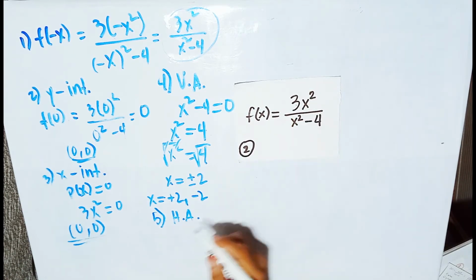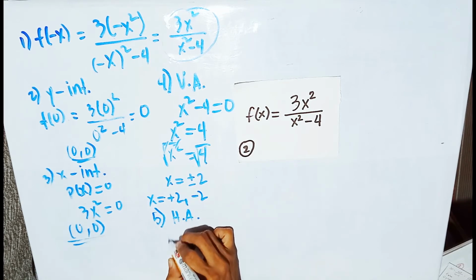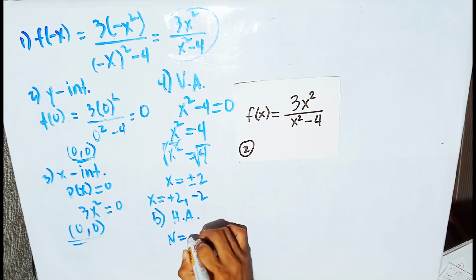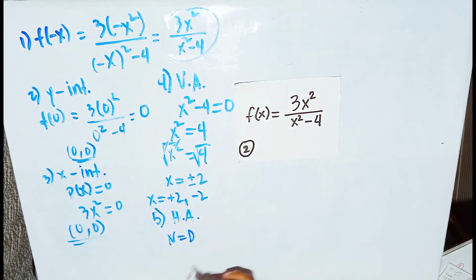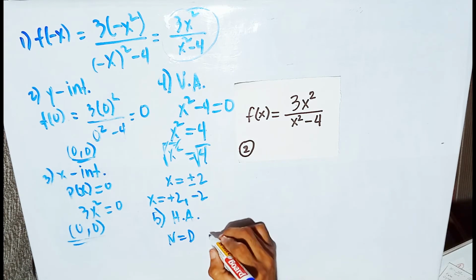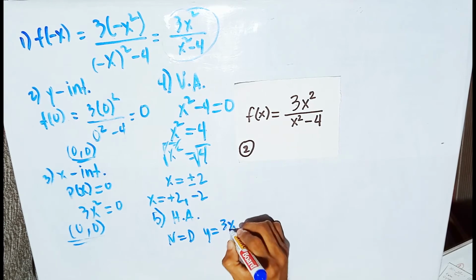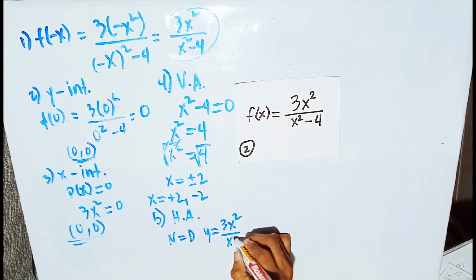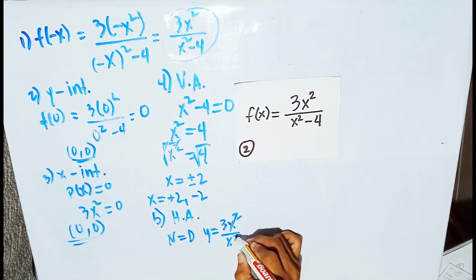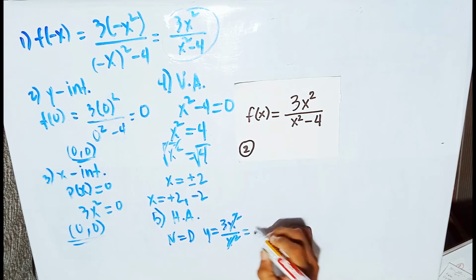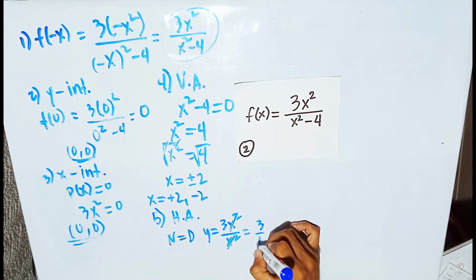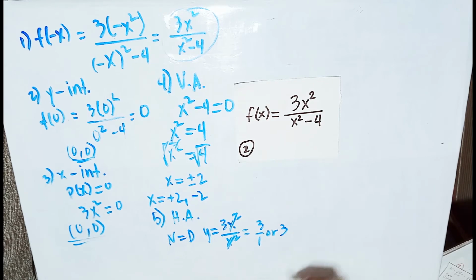So therefore, we have this numerator equal to the degree of the denominator. So meaning to say, magkakaroon tayo ng y is equals to 3x raised to 2 over x raised to 2. Syempre, cancelled out na yan. So natira na lang po is y is equals to 3 over 1 or simply 3. So meaning to say our horizontal asymptote is 3.